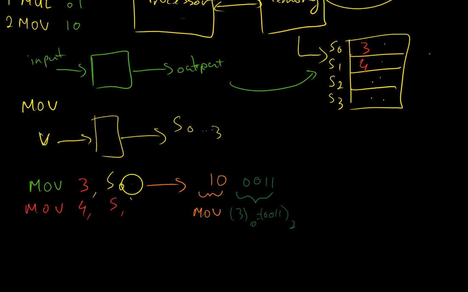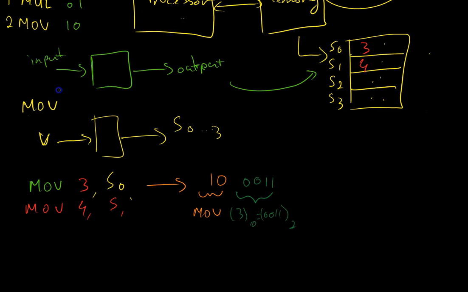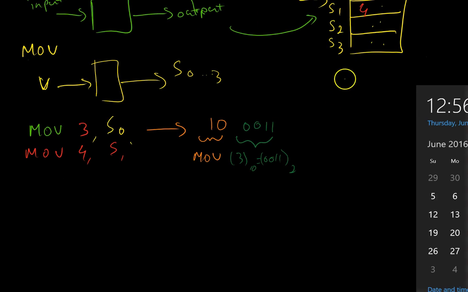And then finally, we need to encode these slots. We need to tell the processor which slot to store this value in. And as you can see here, we've already numbered them off. So we have S0, S1, S2, S3, and we can create a very similar mapping that we did for the instructions to the slots that we have. S0 is just going to be 0, 0.